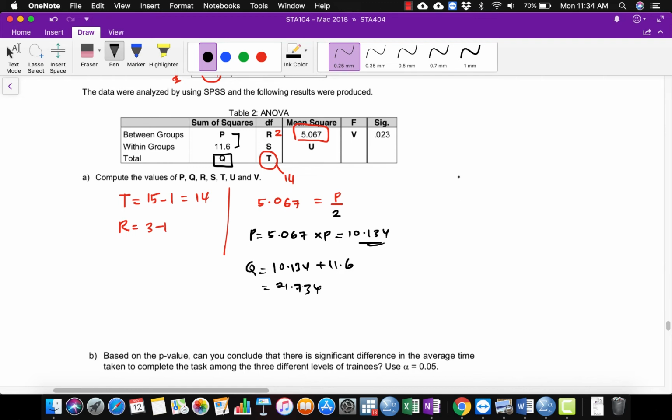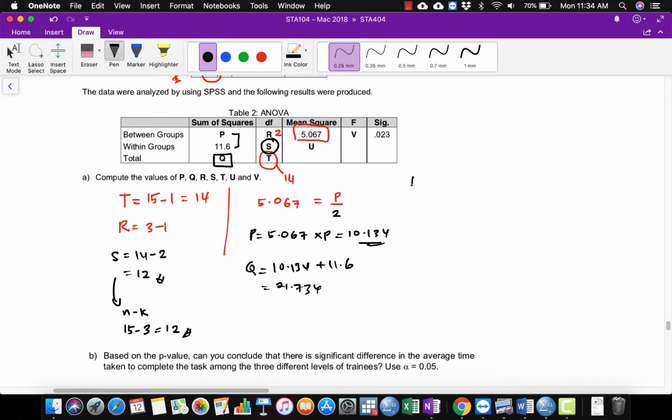So next, we can find the value of S by subtracting: 14 minus 2 should be equal to 12, right? Or if you cannot remember, S is also equal to N minus K, which is 15 minus 3, equal to 12. It's also the same, right?